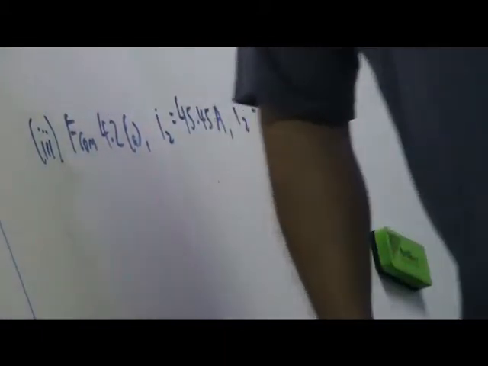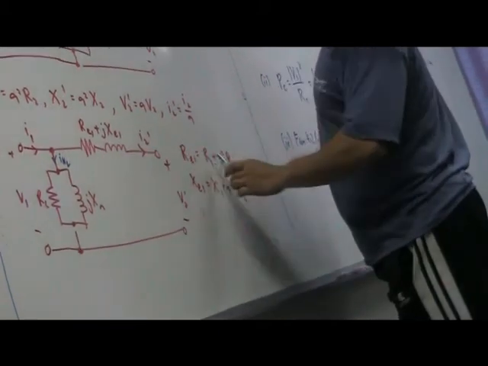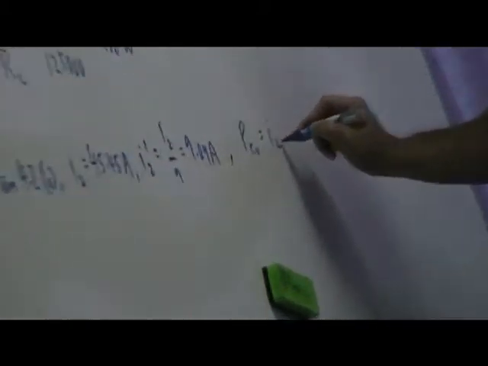The full load copper losses is the power dissipated by RE1. Those are the copper losses, these are the winding resistances, R1 and R2. So the full load copper losses PCU will be I2 prime squared times RE1.